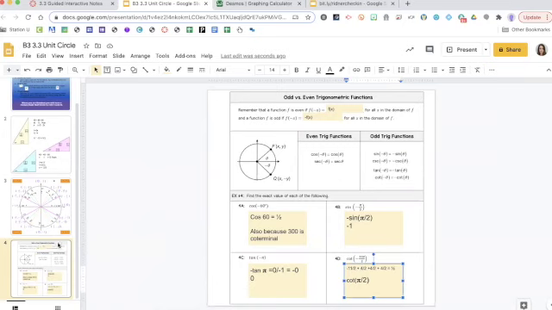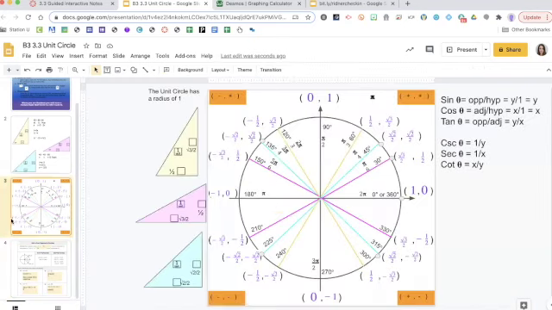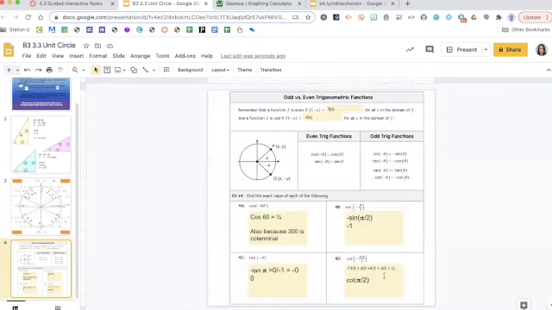Okay, pi over 2 would be x divided by y. 0 divided by 1 is 0.